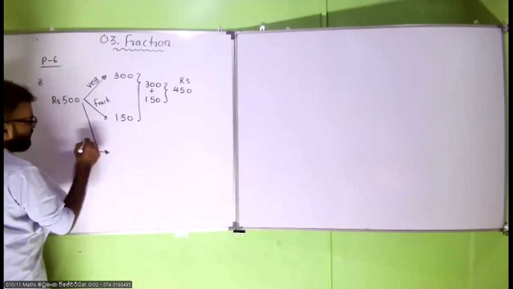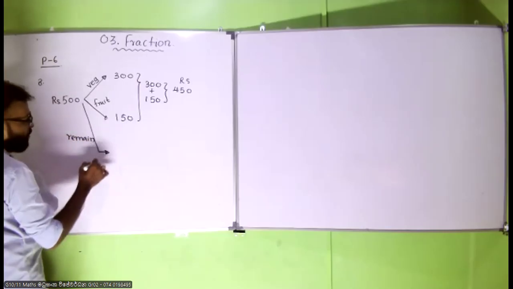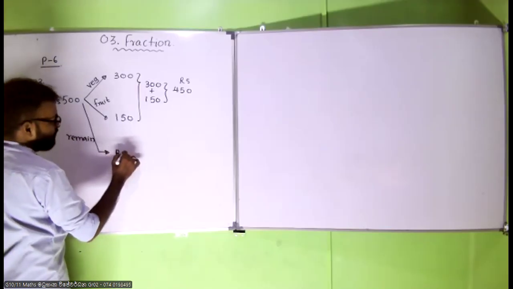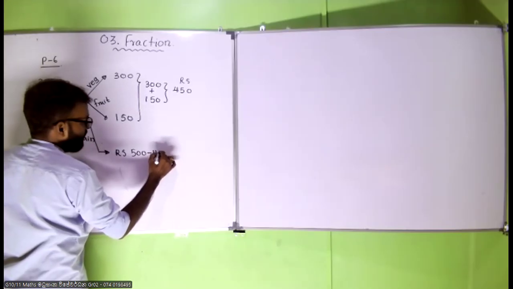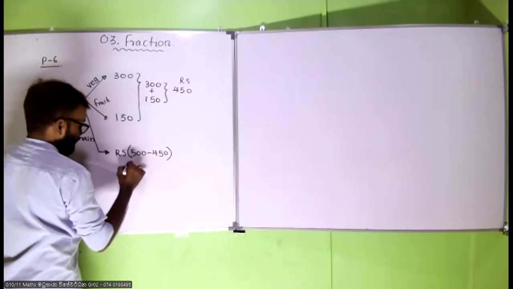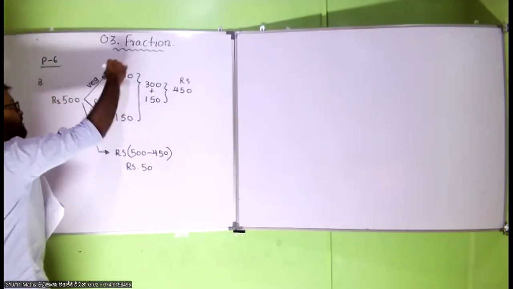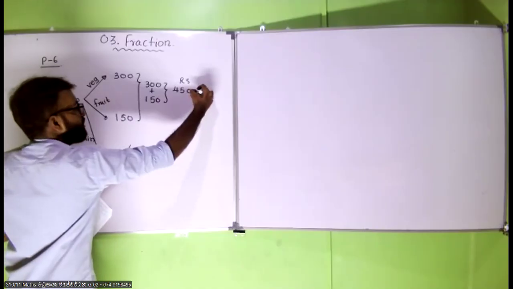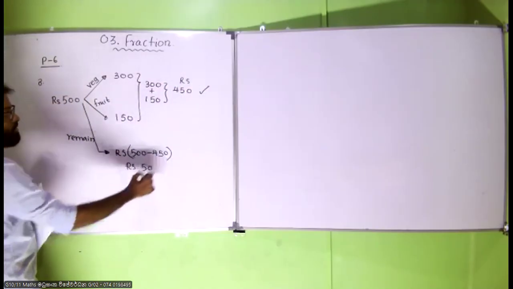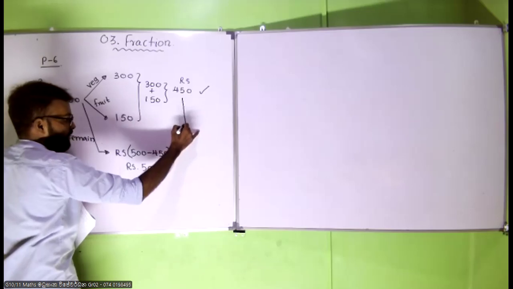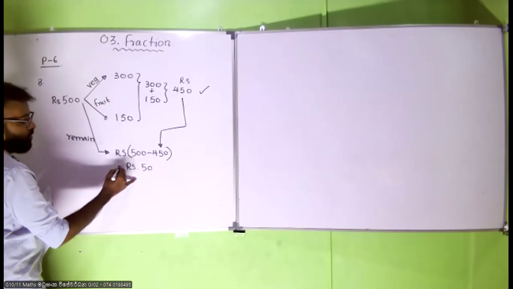This is what we call remaining. 500 minus 450, that is the story. 50 rupees. This is the total for buying vegetable and fruit, and this is what we have remained. Now remain, 50 rupees.